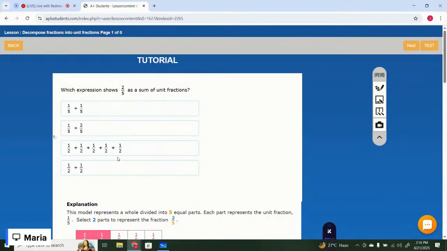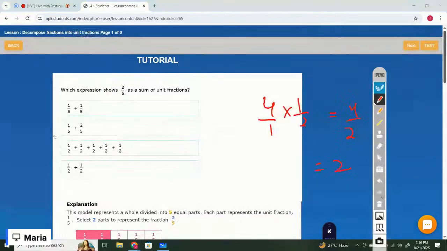So we need to find which sum is equal to 2 by 5, right? Just look at the very first choice, that is 1 by 5 plus 1 by 5. They have exactly the same denominator. So the answer has the denominator 5, and 1 plus 1 makes 2. So 1 by 5 plus 1 by 5 equals 2 by 5.